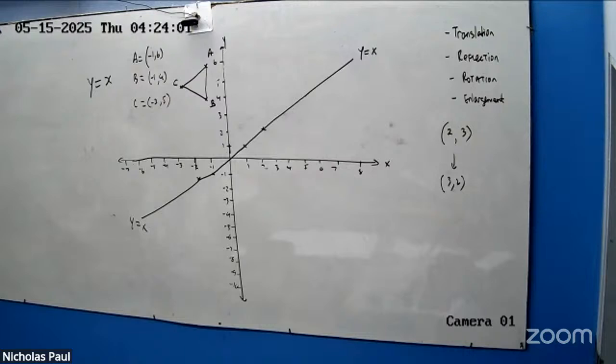The mirror image. Reflecting in the line y equals x. Right? Reflecting in the line y equals x. Label it now.